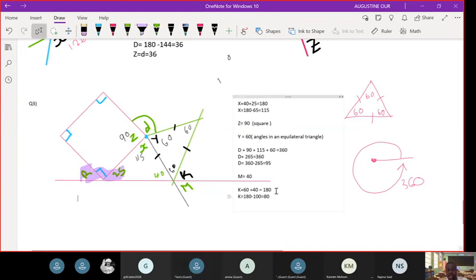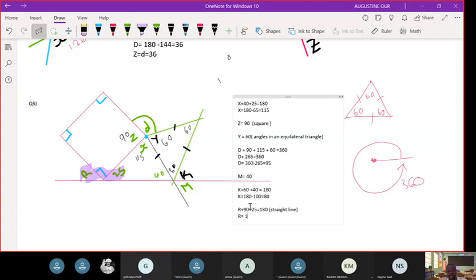That means that 25 plus 90 is equal to 115, because they're in a straight line. So R will be equal to.